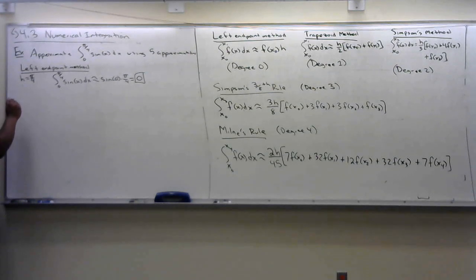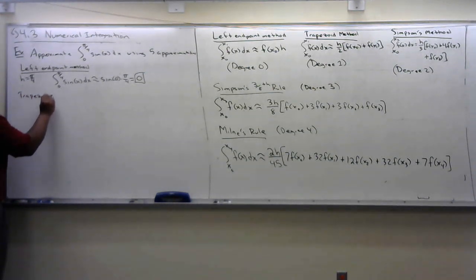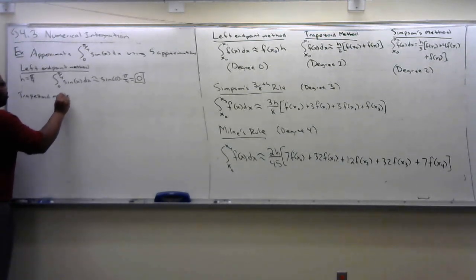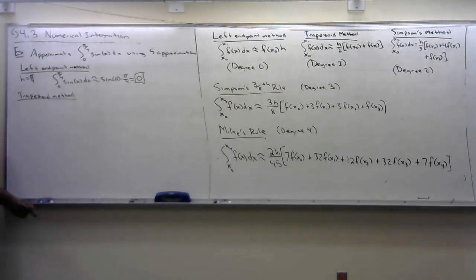For the trapezoid method, or rule, you choose. Again, I'm going to choose my h to be pi over 4 because I'm not forced to split up my interval to approximate it.